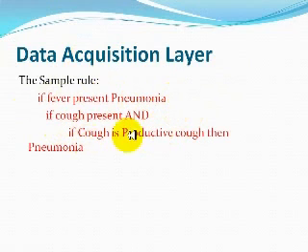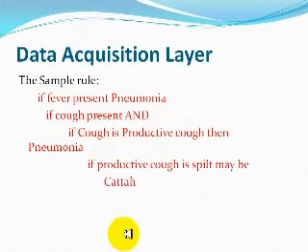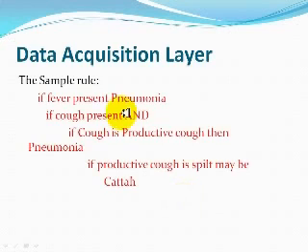If cough present and if cough is productive cough, then it can be pneumonia. If productive cough is split, maybe kata. You can see that for the same data, the rule is implemented using various conditions. Several conditions are applied while creating the rule.